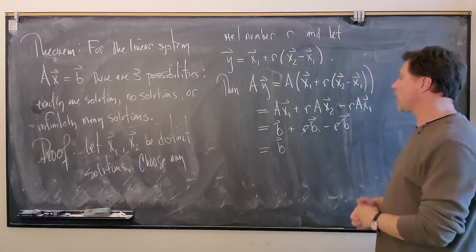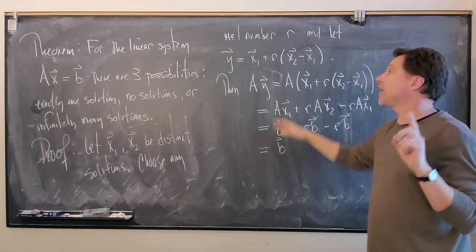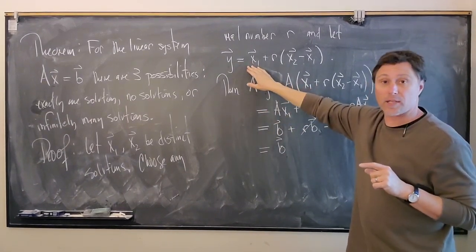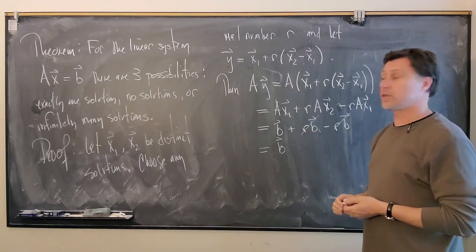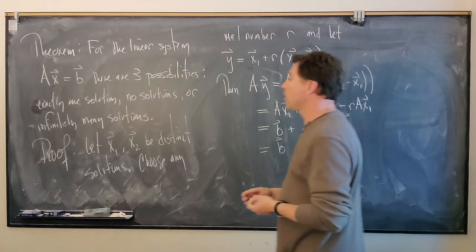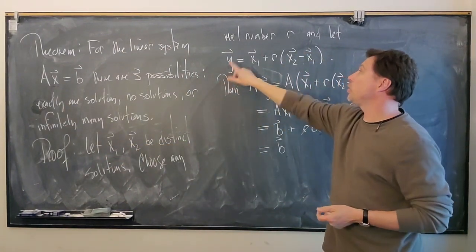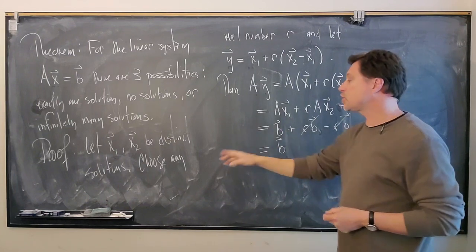So what did we show? We showed that AY is equal to B. In other words, this vector y that we concocted is a solution to the system also. So we started off with two solutions. We created this third solution, this new one, but actually we said choose any real number.